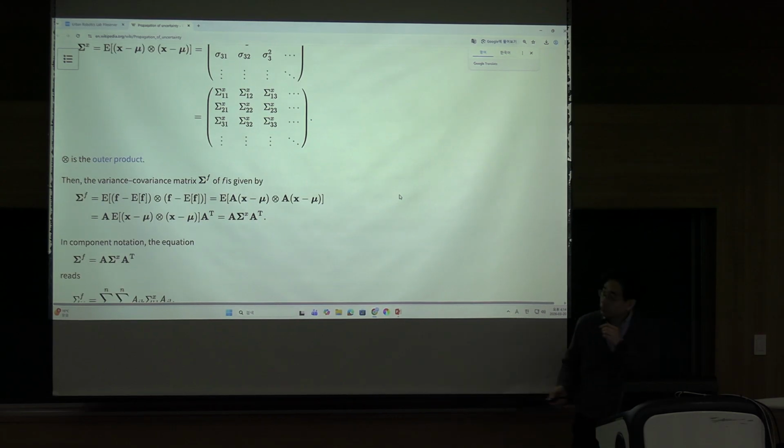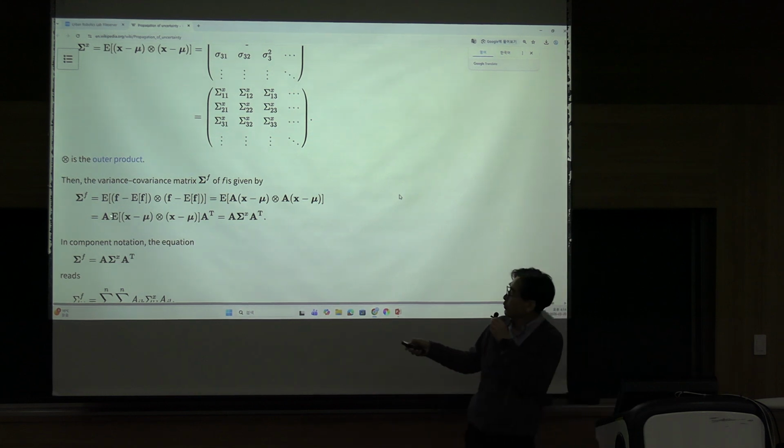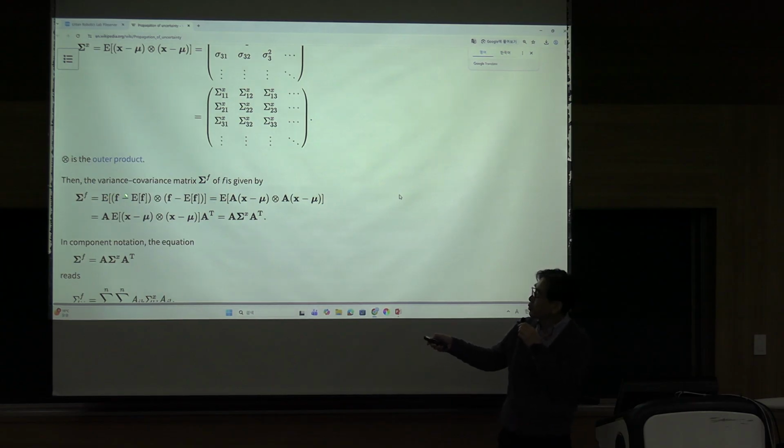If you want to find sigma f, by definition it is the expectation of f minus expectation of f, squared. If you unfold this equation, you obtain a (x minus mu) multiplied by a (x minus mu).